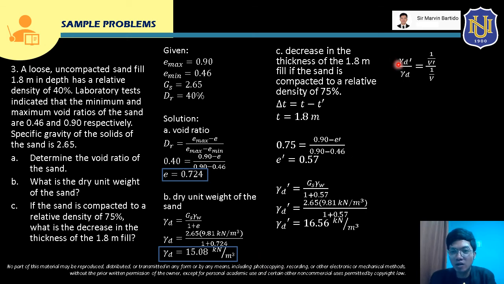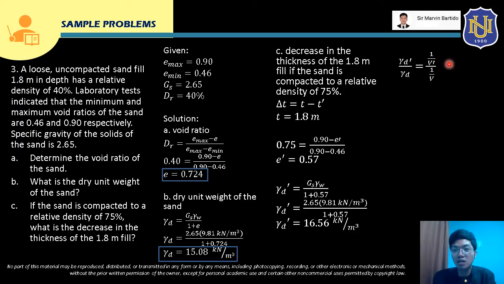Ayan, di ba, class, yung ratio ng gamma dry na bago over yung initial na gamma dry. Class, pwede nating sabihin na yan ay yung para dito sa bagong gamma dry natin, plus yung relationship niya with the volume, no, is 1 over V prime. Okay, kasi, class, di ba yung unit weight equal siya sa weight over volume.